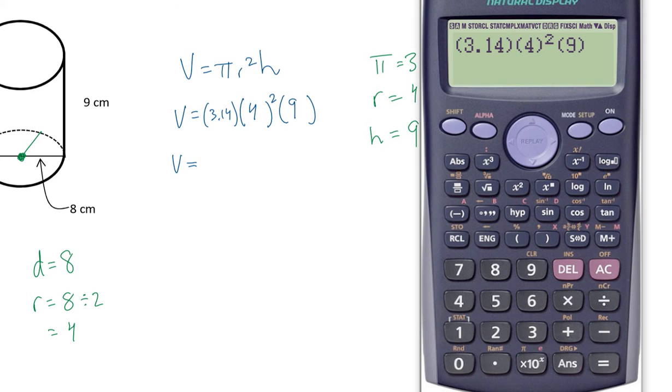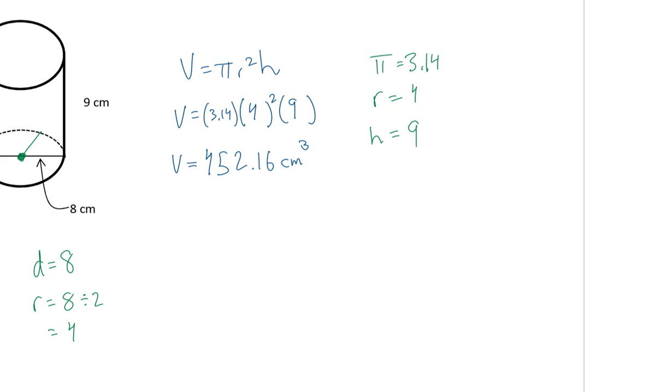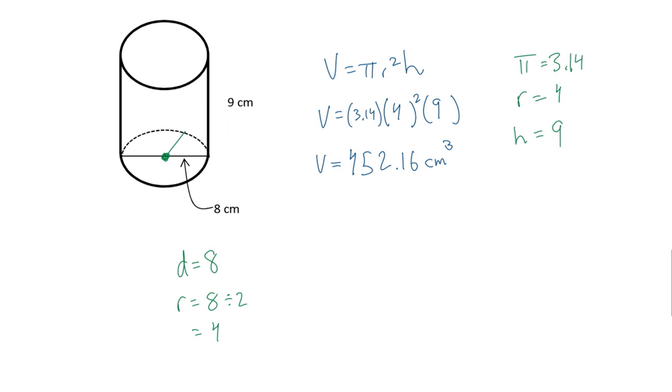And it's a really good calculator because you can type it in exactly the way it looks on your page and just hit equals. And this one is centimeters cubed again. And so we're done. Okay. But again, no matter what, you have to figure out how to type it in on your calculator.